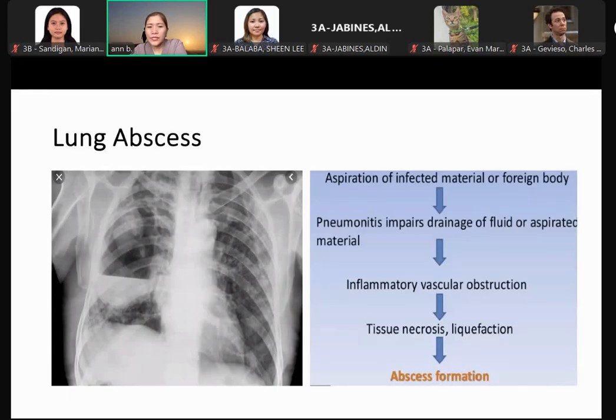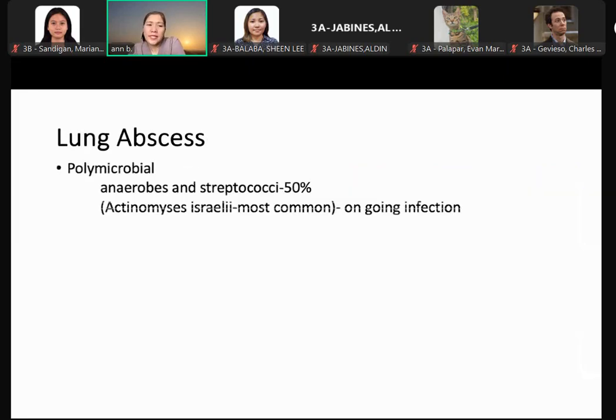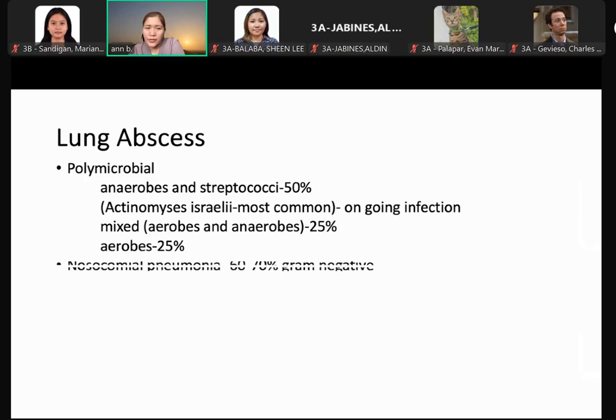So pathophysiology: aspiration of infected material or foreign body that causes pneumonitis with impaired drainage of fluid or aspirated material, that causes inflammatory vascular obstruction, tissue necrosis, liquefaction that cause the abscess formation. This is a polymicrobial disease, in which anaerobes and streptococci are the most common pathogens.